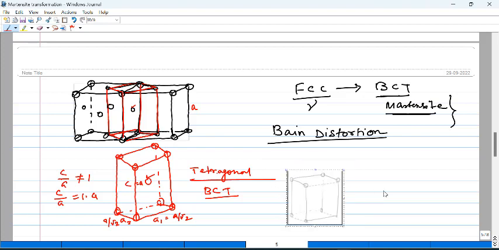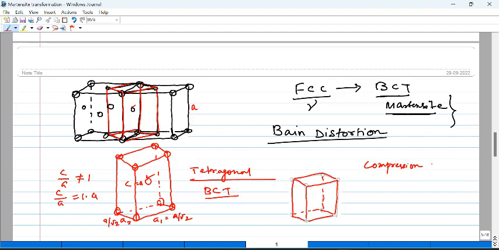What I have done here, in this second diagram, is I have given a compression along the C axis and an extension along A and B. So just try and understand what I am trying to say here to bring out the Bain distortion.